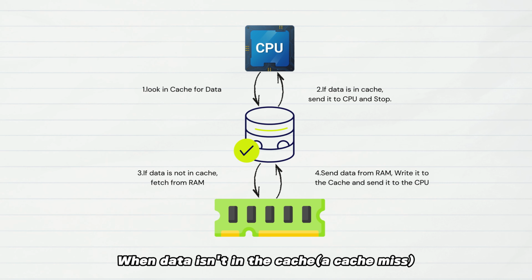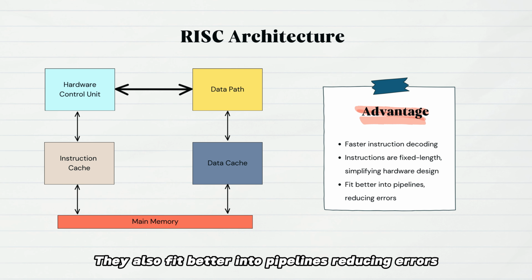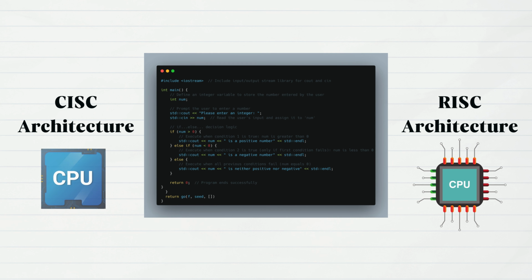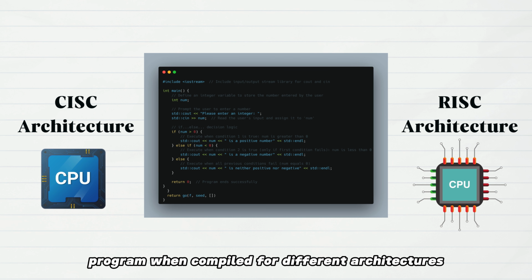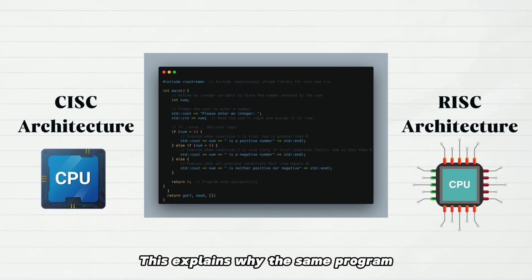Most RISC instructions are fixed length, simplifying hardware design, and often execute in one clock cycle. They also fit better into pipelines, reducing errors. As a result, the same C++ program, when compiled for different architectures, will differ in the number of instructions executed, cache utilization, and branch prediction performance. This explains why the same program can perform so differently on laptops, phones, and servers.